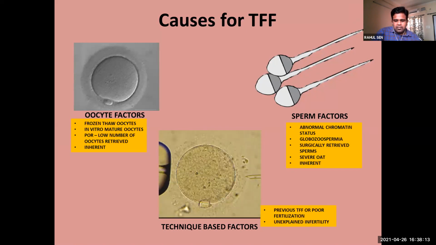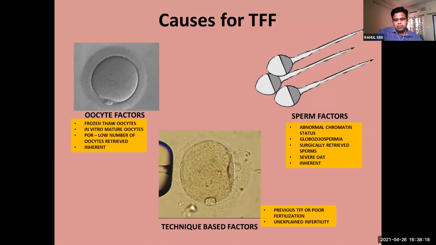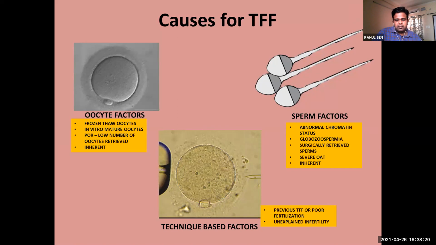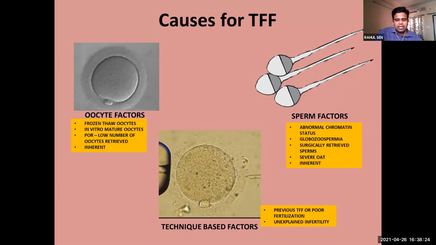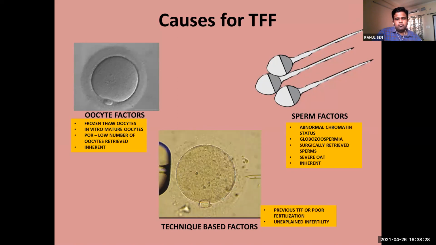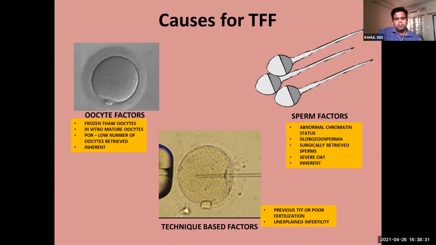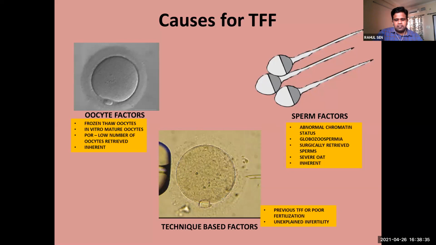And with technique based factors, like a previous cycle where we have already seen poor fertilization or no fertilization, and in some cases of unexplained infertility. So all these factors accumulate into the major defect of total fertilization failure.